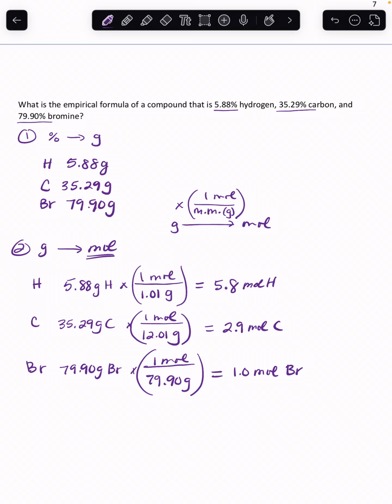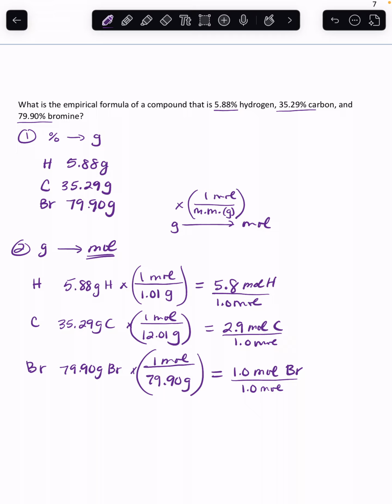Cool. All right. So my step after this is I'm going to look at all of these numbers, and I'm going to say whichever one is the smallest, I'm going to divide it into everything else. I see that 1 mole bromine is smallest, so I'm going to divide this by 1 mole, divide this by 1 mole, and divide this by 1 mole.